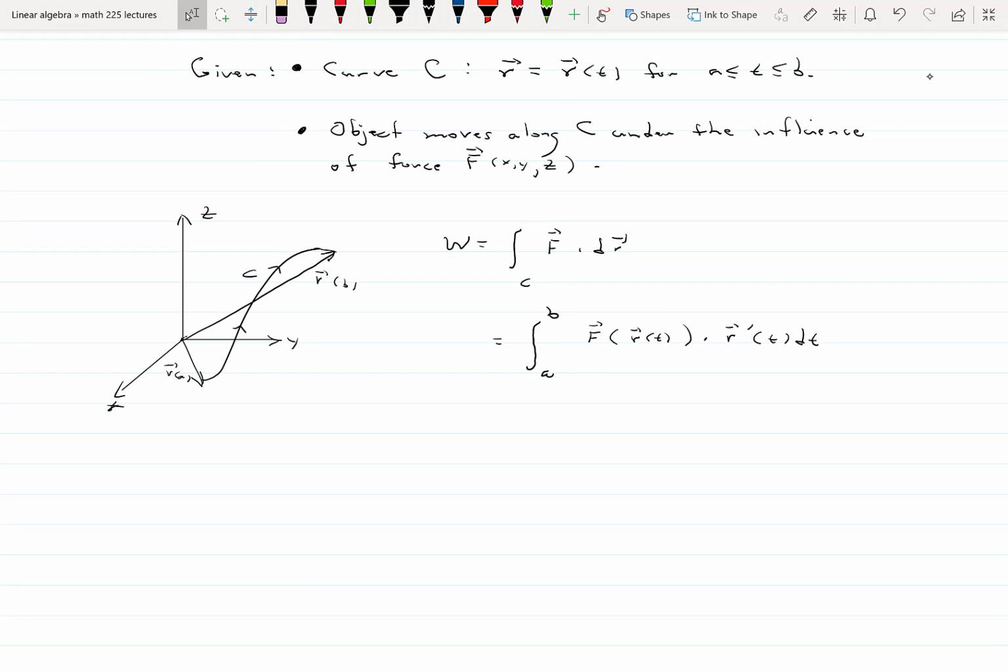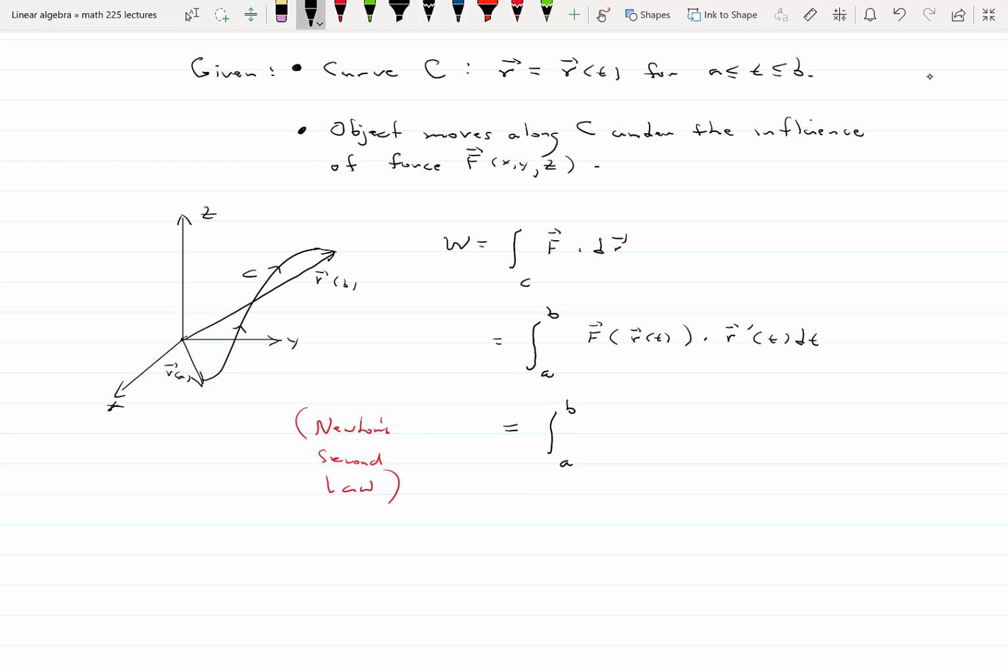Now for this next step, I'm going to use Newton's second law. I could have put that in the preliminaries. Newton's second law says that the sum of the forces acting on an object equals the mass times the acceleration of the object.